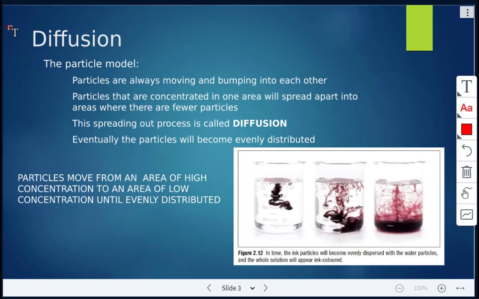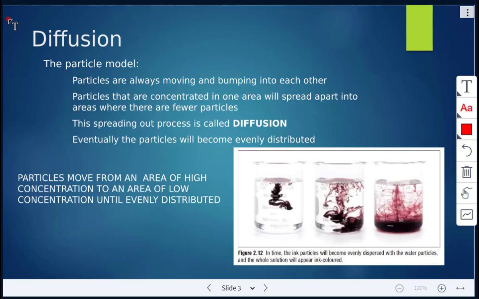All right, so how do materials cross the selectively permeable membrane? The first method we're going to talk about is diffusion. Recall from the particle model in the previous unit, particles are always moving and bumping into each other.